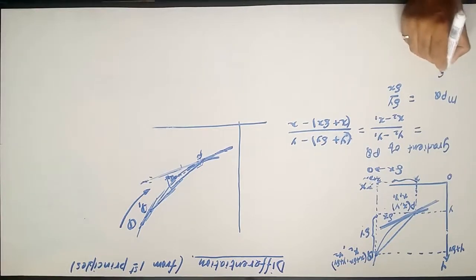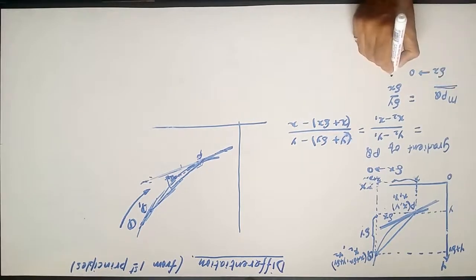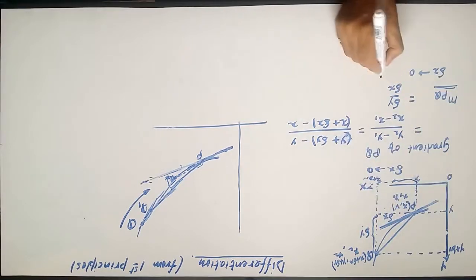So as delta x approaches 0, this will approximate to the gradient of the tangent at a point.